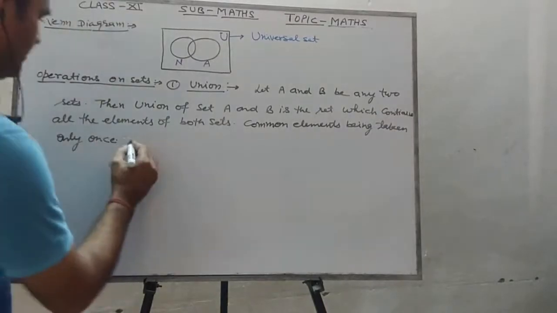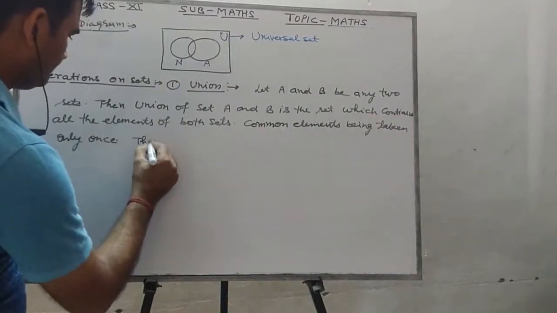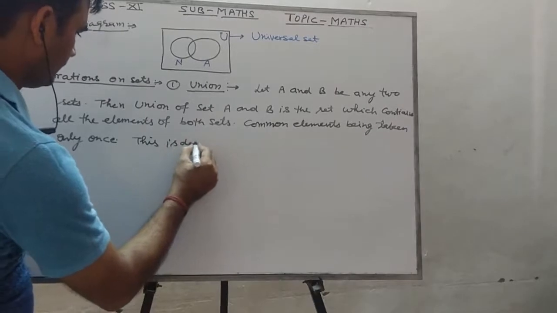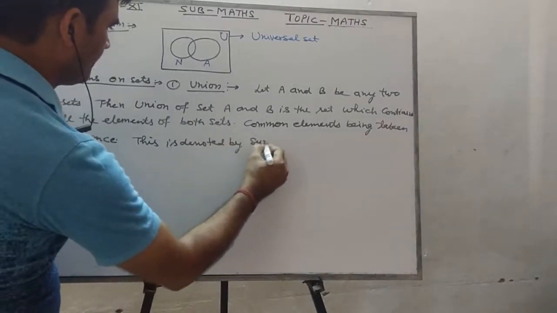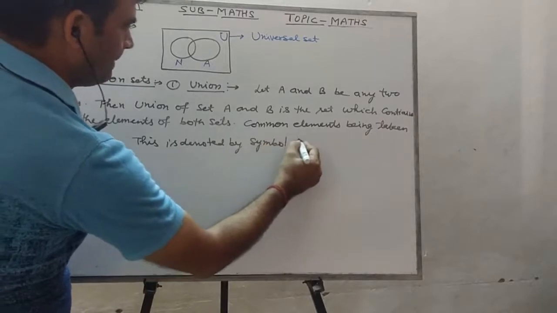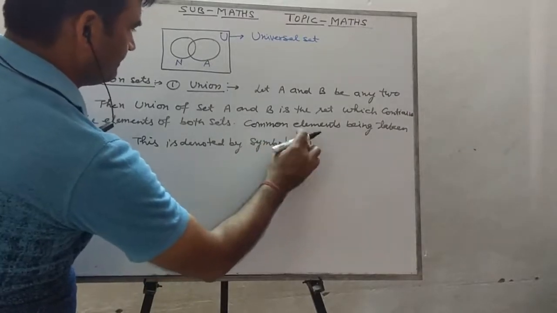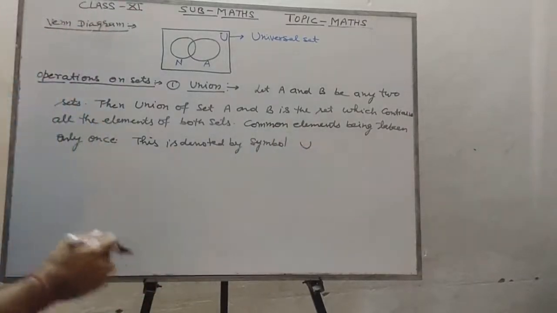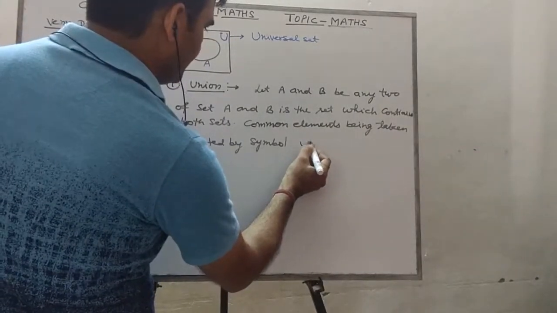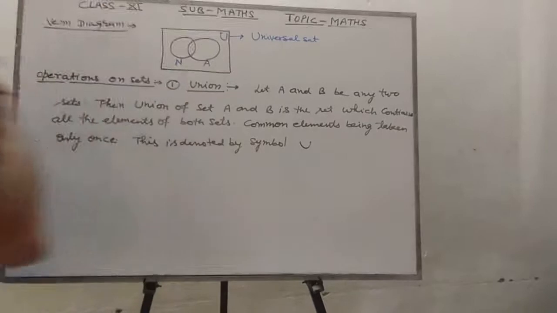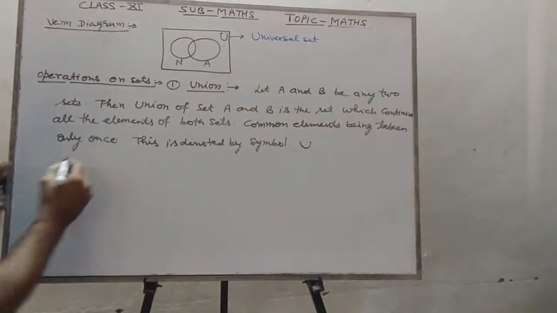This is denoted by the symbol union. Universal and union have some difference. It is a little more expanded. So what is A union B?